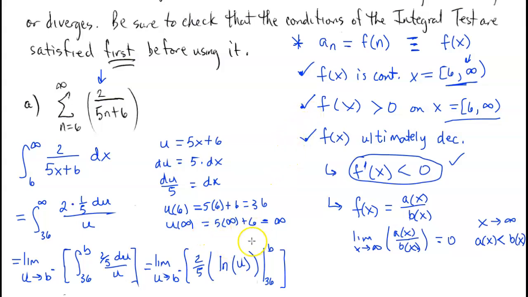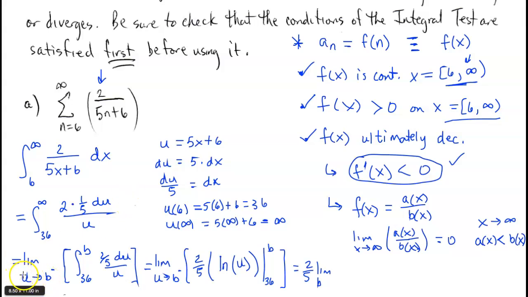And so, of course, from here, we could factor out the 2/5, and we'll basically have 2/5 limit as u approaches b there. And of course, all this is going to be approaching infinity as well.